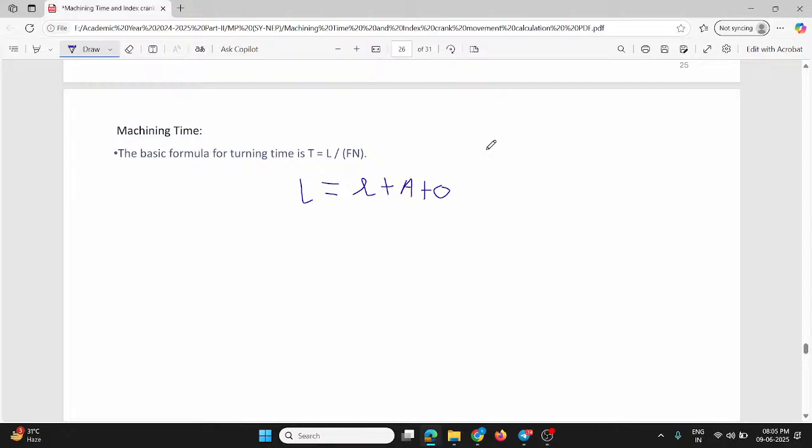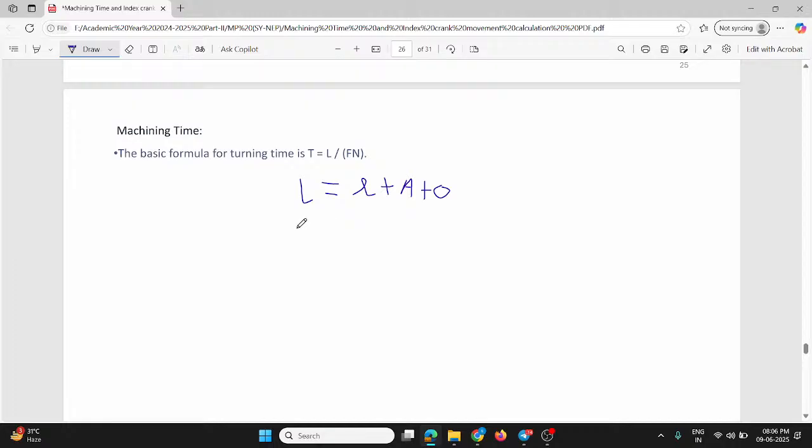Accordingly, the number of passes will be multiplied. This is the generalized formula for calculating the machining time.